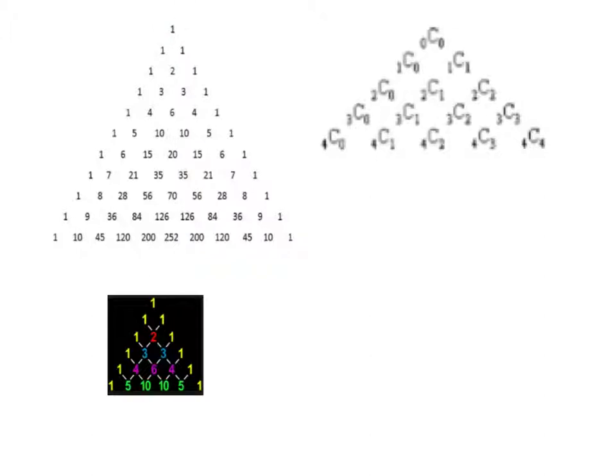If you look at the second row, you have 1 and 1, which is combination 1 choose 0 and combination 1 choose 1. And the next row is combination 2 choose 0, 2 choose 1, and 2 choose 2. And that's the expansion of a plus b to the second power, and so on.